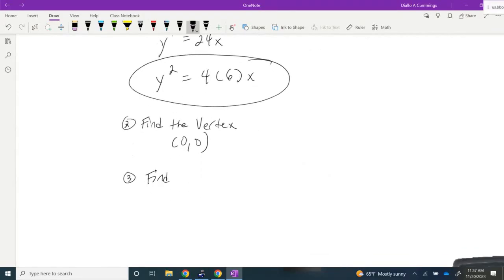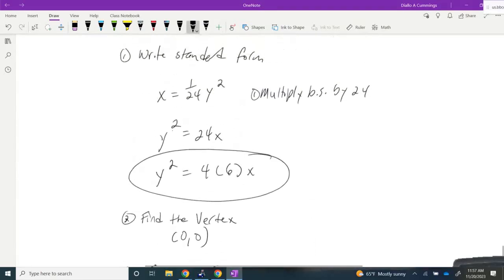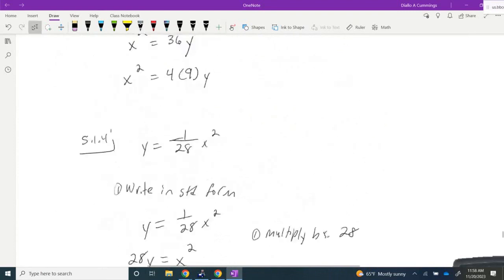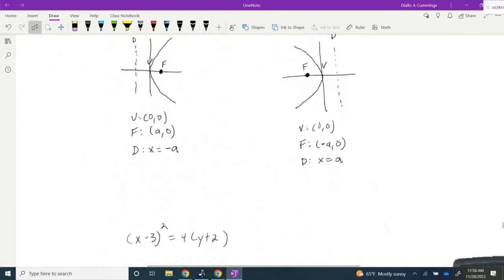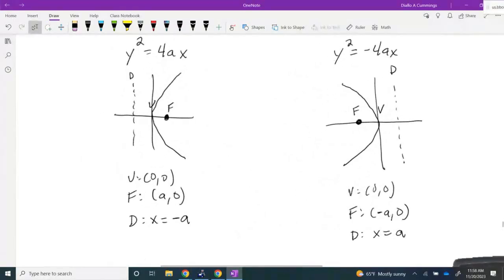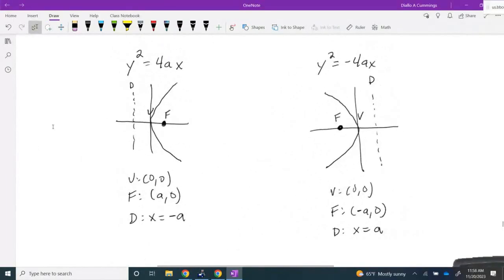Okay, now we're going to find the focus. So I'm going to look at my equation, which is y squared is equal to 24x. My y is squared. My coefficient for x is positive. So I'm going to look back at the model forms, and it looks like that third one, right?